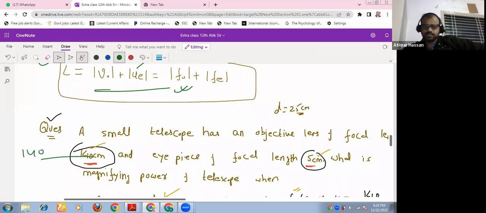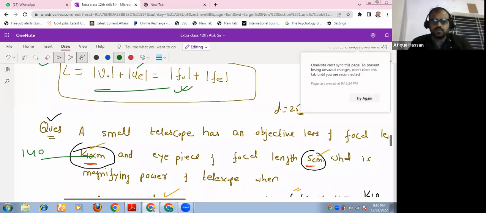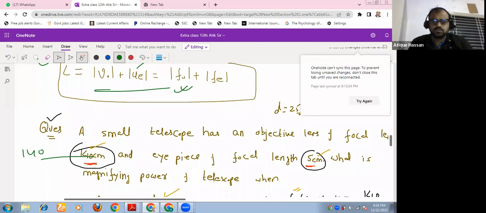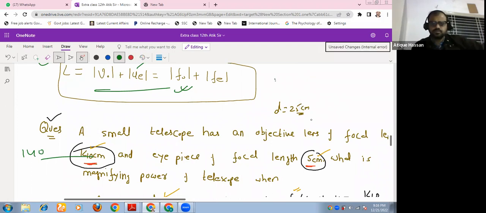Solve it quickly. Anyone got any answer? No one got any answer. Are you trying?